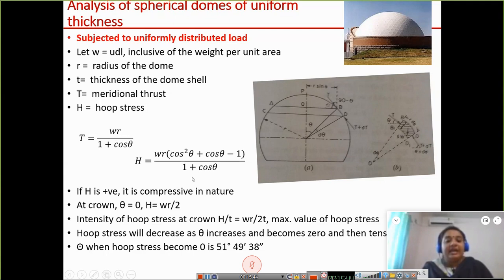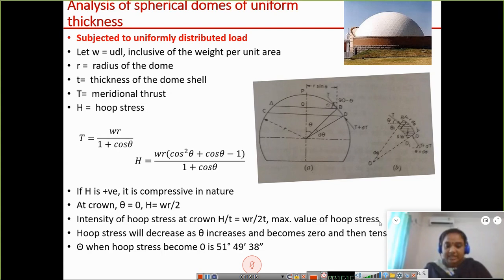And in many cases, the intensity is specified. So intensity is actually the stress divided by the thickness, or T. So at the crown, the intensity is equal to H by T for the hoop stress, which is equal to WR divided by 2T, and this is the maximum value of the hoop stress.